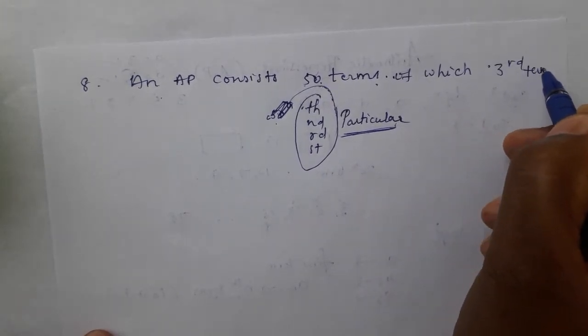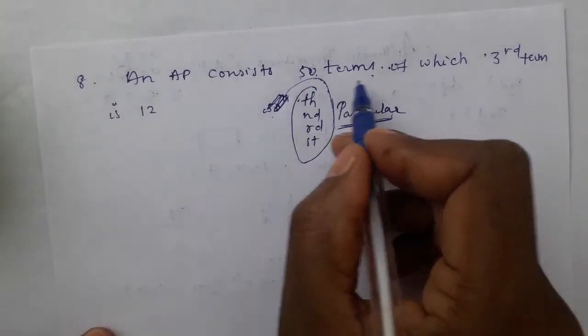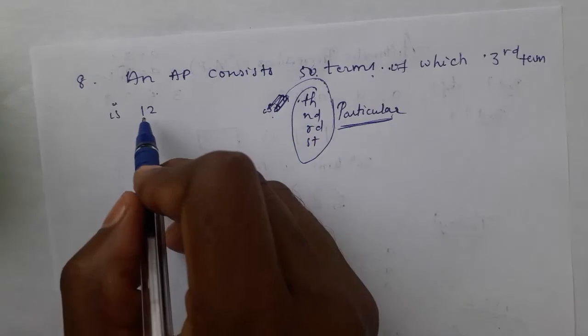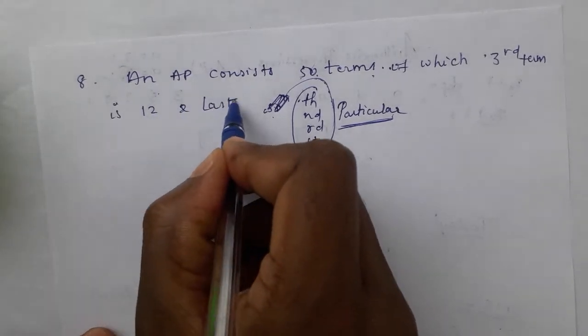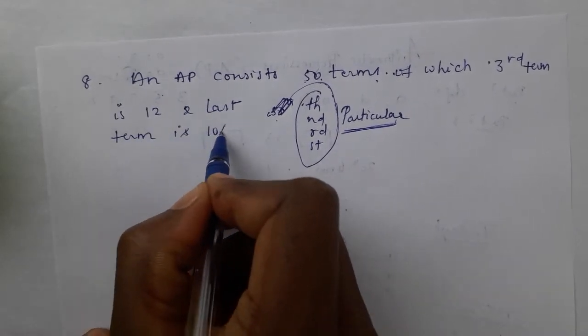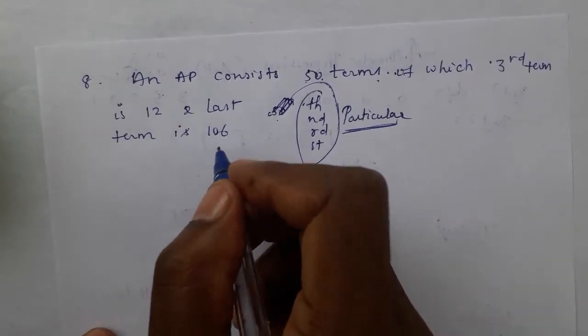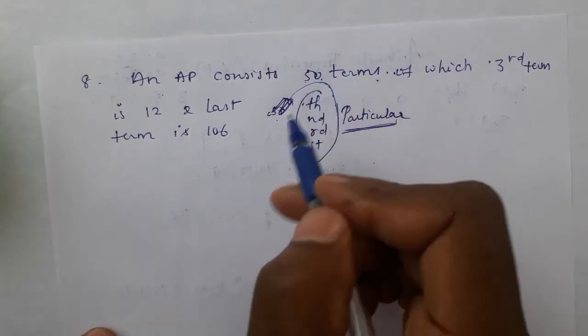of which the third term is 12, of which totally 50 terms are there. Now in that, the third term is 12 and the last term is 106. Totally 50 terms are there. Last term means what? The 50th only.